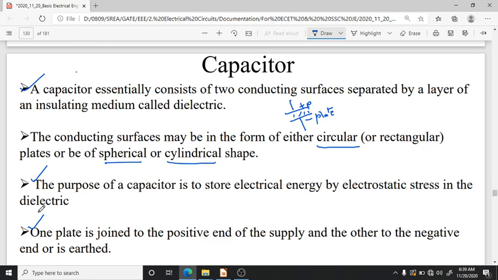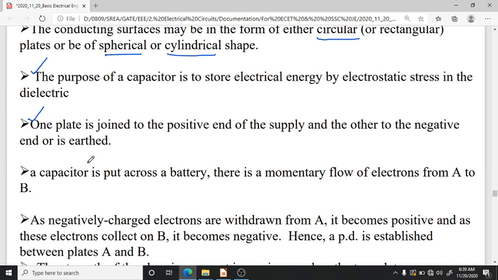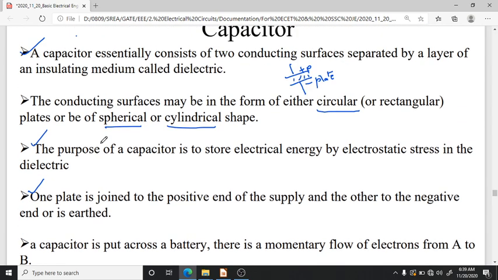When a capacitor is put across a battery, there is a momentary flow of electrons between A and B. Suppose you take one capacitor having two plates and connect it to a battery.